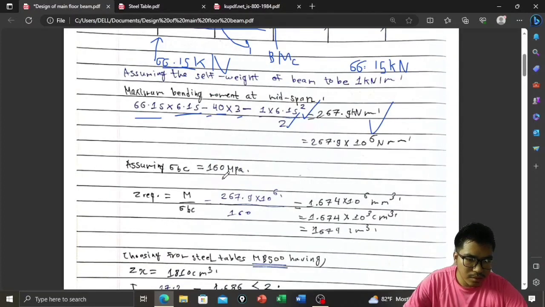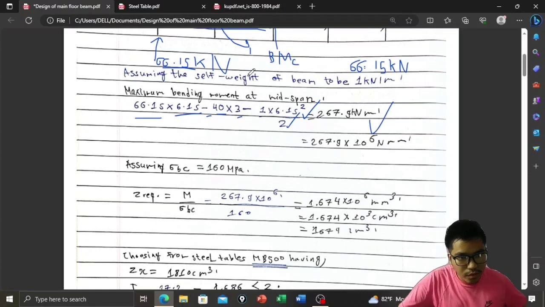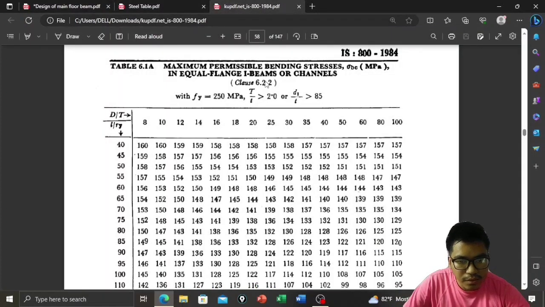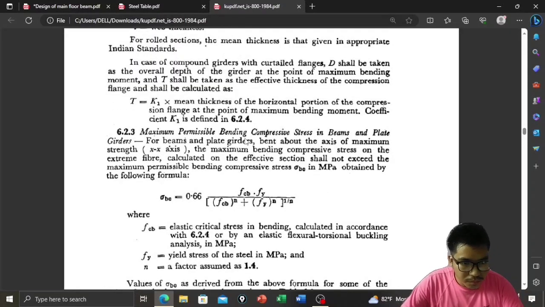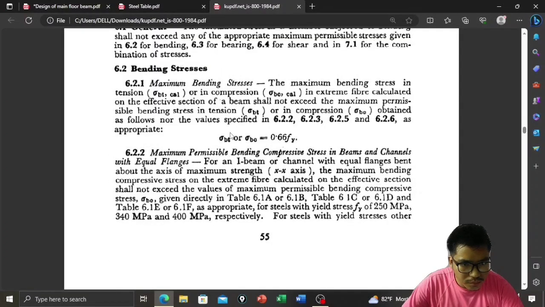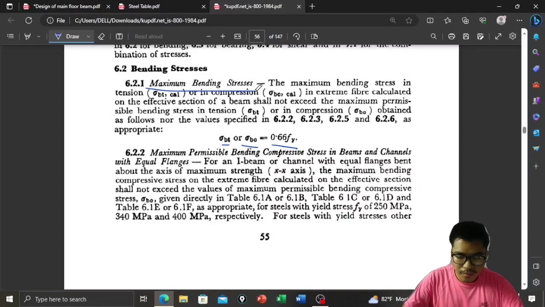Assuming sigma bc to be 160 megapascal. From the code IS 800 1984, for bending tension and bending compression, the maximum is 0.66 fy, and usually fy will be 250.